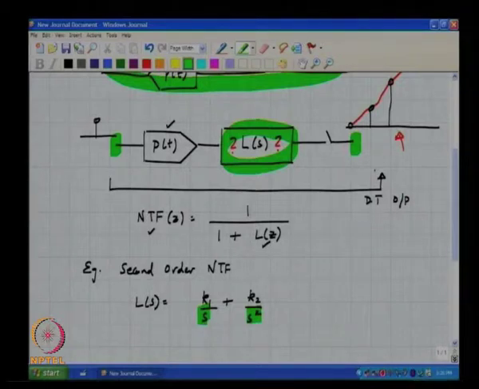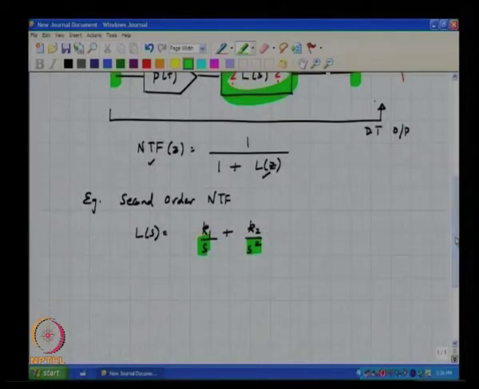So in any case, the intuition so far as to choosing the poles of the loop filter has been that in the discrete time domain there are 2 integrators in the loop filter, correct, because at low frequencies you must have 1 by (1 minus z inverse) the whole square minus something, okay, that is what L of z is.